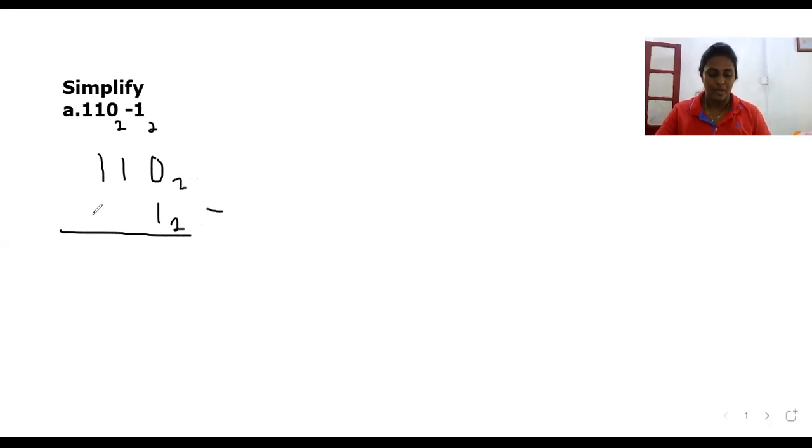Right. So at the very first you were taken a question to borrow, right? But we can manage, don't bother about this. So normally from 0 you can't subtract 1, so then you are borrowing, right?